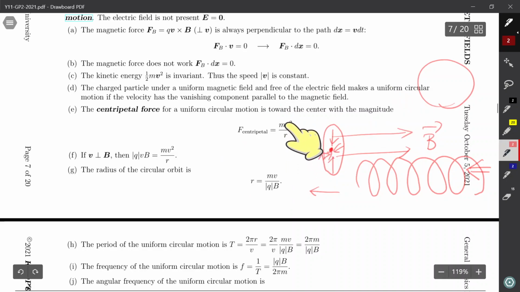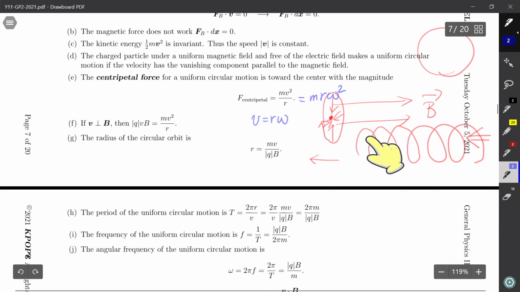That is mv squared over r, or, with V equals R omega, mR omega squared. So this is a centripetal force for the uniform circular motion.